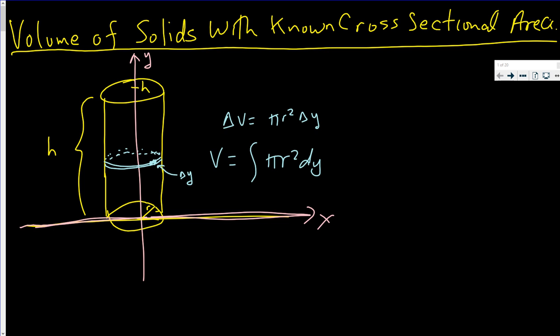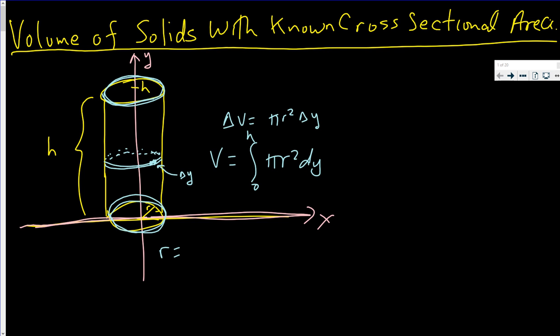These questions, you have to understand how to answer them, because they're very simple answers. If you ask it right, the first slab is going to happen at a height of 0, and the last one is going to happen at a height of h.